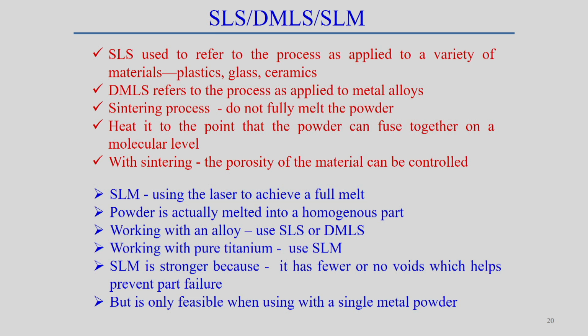Selective laser melting is advantageous in the sense that it conforms to the melting of the material, so there are no voids, which helps to prevent part failure. In the case of the sintering process, the difficulty, specifically with metallic materials, is the formation of voids. But sintering is most feasible using a single metallic powder or combined metallic powders.